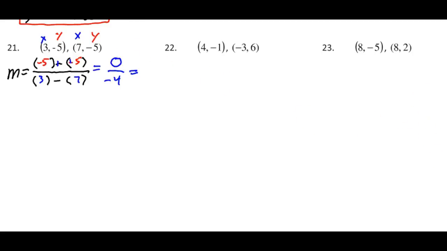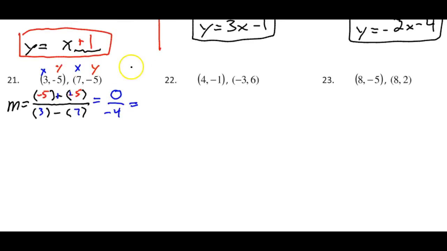If you're not sure if that's horizontal or vertical, you can sketch these two and see what they would look like. 3, negative 5 would be over 3 down 5. And this would be over 7 down 5. So if you sketch this, you can see it's a horizontal line. And then put together that horizontal lines have a slope of 0. So 0 on top means the whole slope is 0.